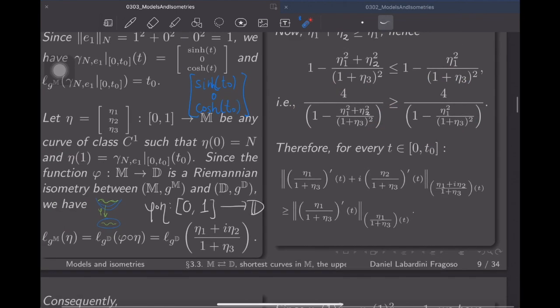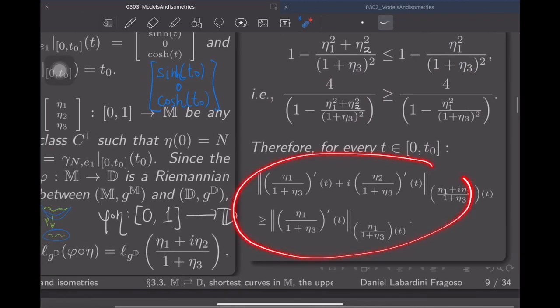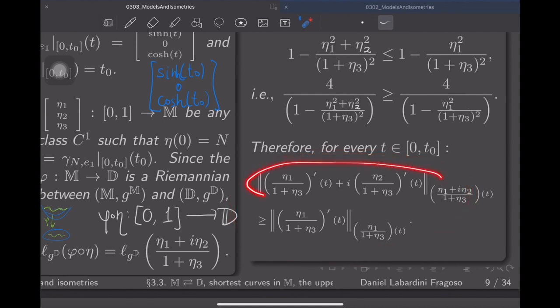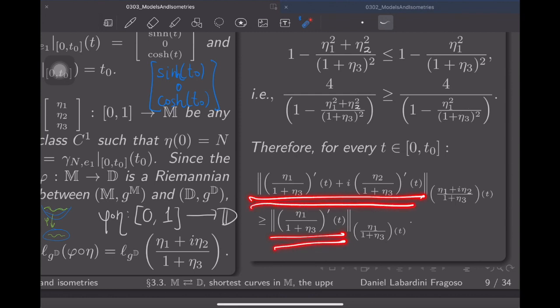Here, what I'm saying is this one is a product of two things, and this one is a product of two things, and the first factor in the product here is less or equal than the first factor in the product here, and the second factor here is also less or equal than the second factor here. So that's why I have this inequality. Okay.